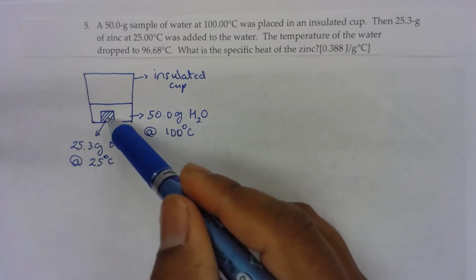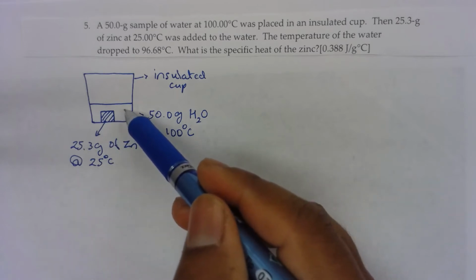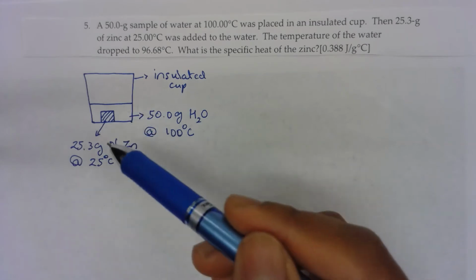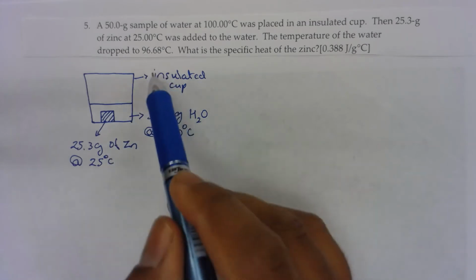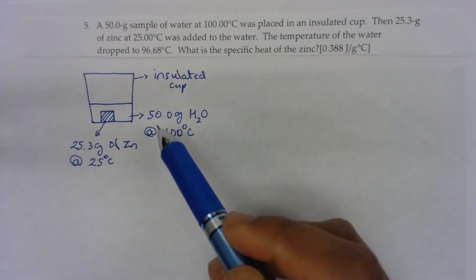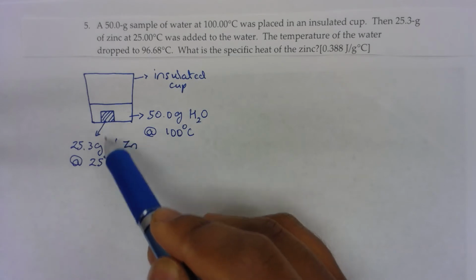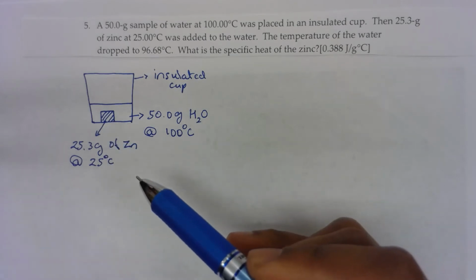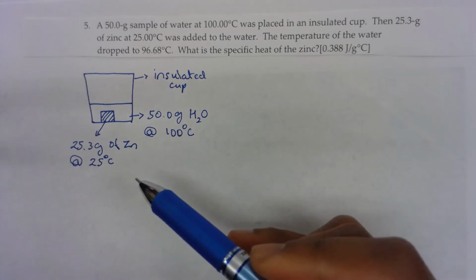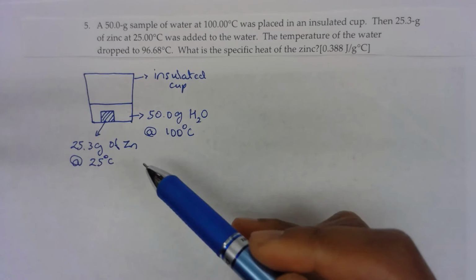The low point was the zinc metal. And so heat went from the hot water to the cold metal. So if the temperature of water dropped to 96.68 degrees Celsius, what do you think happened to the temperature of zinc? Say that again. It went up. What do you think it went up to?